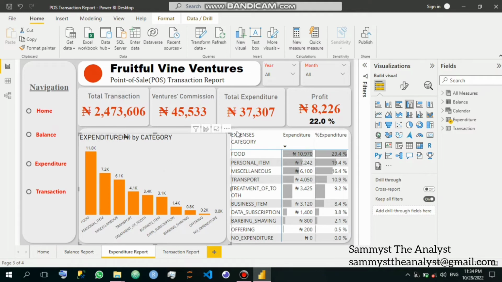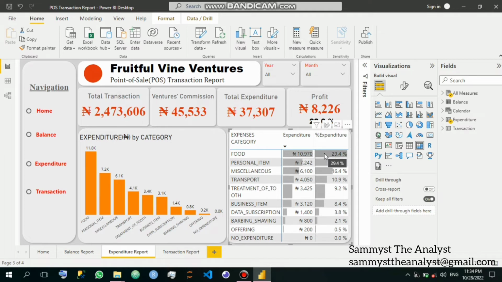Now I came here and I did a matrix of the data because I wanted to know, if these are the expenses, what percentage of the total expenses does each category take?